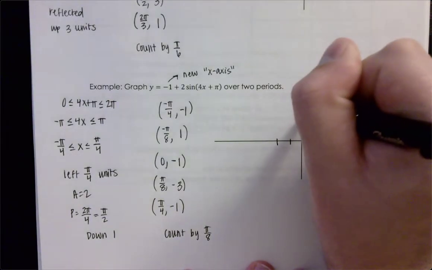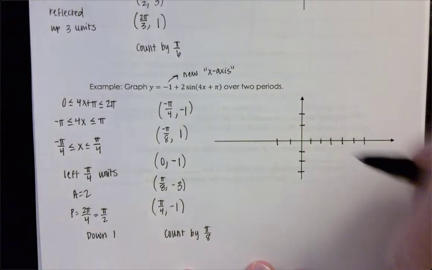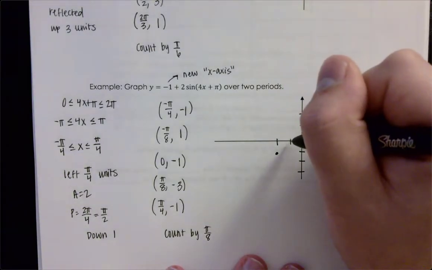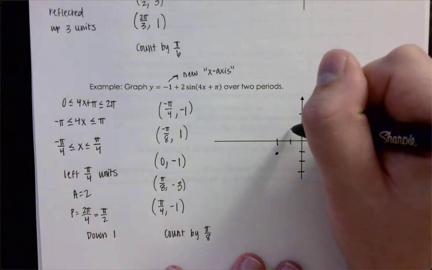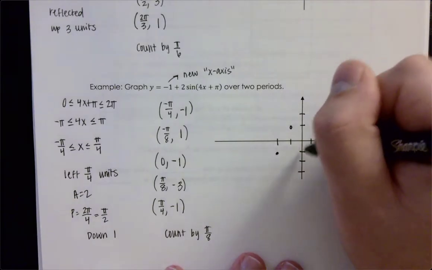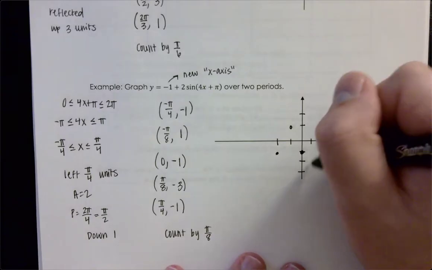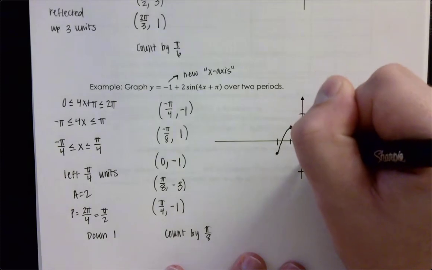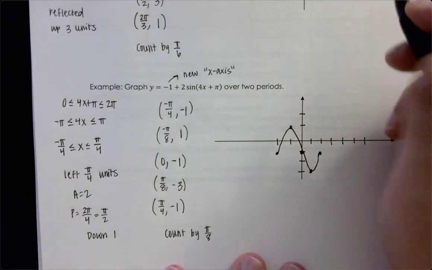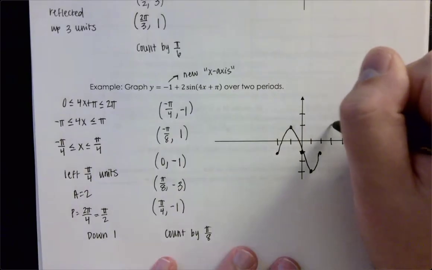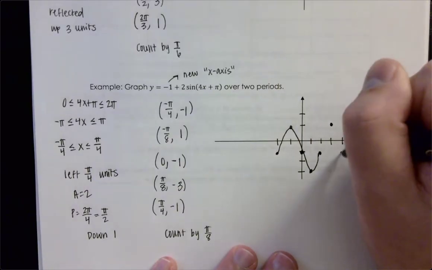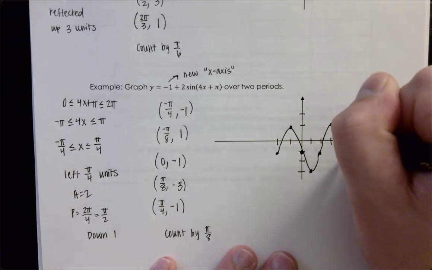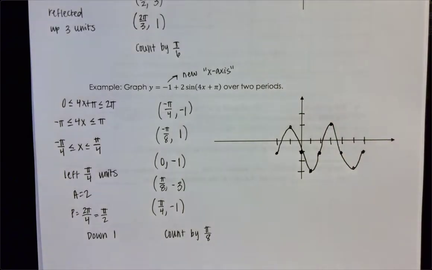Okay, we have negative pi over 4, negative 1, negative pi over 8, 1, 0, negative 1, pi over 8, negative 3, and over an additional period would be like that.